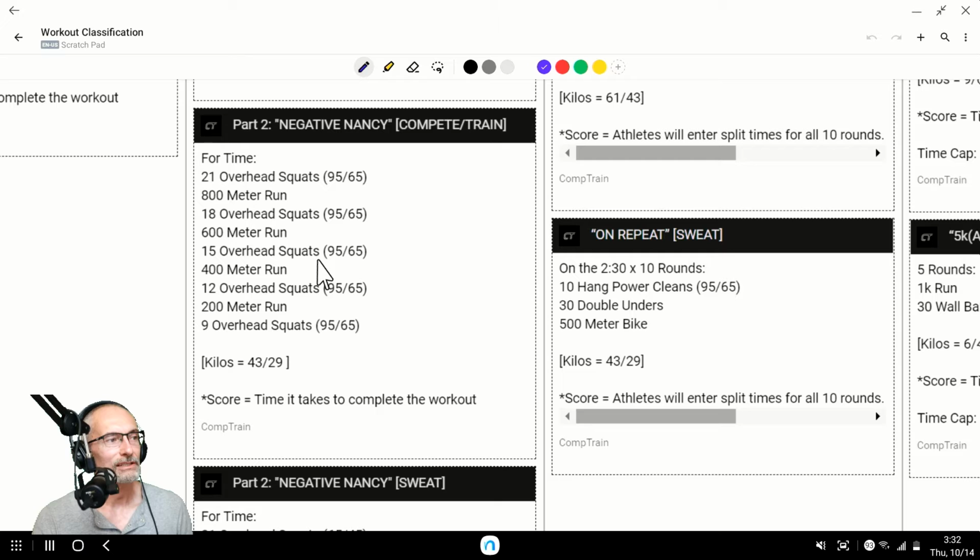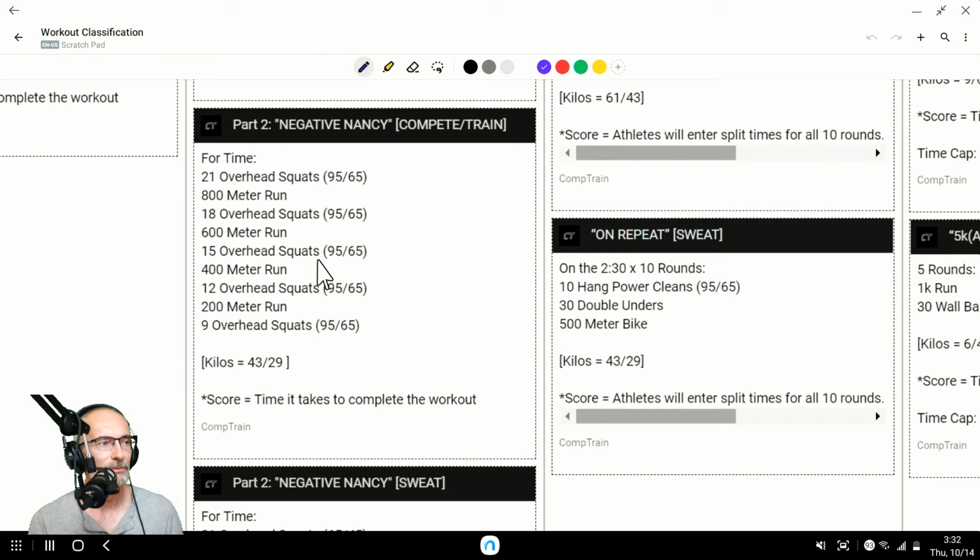Nancy is typically 5 rounds for time, and you are always doing the same number of overhead squats. I believe it's 15 in every round, and a 400 meter run in every round. So you're running regular Nancy's 2,000 meters. Here we also have 2,000 meters, but it's front loaded, right?